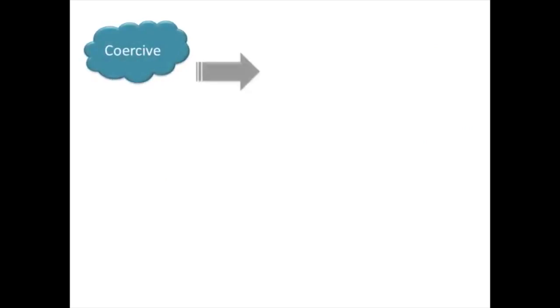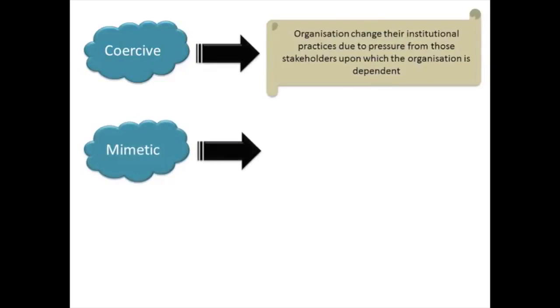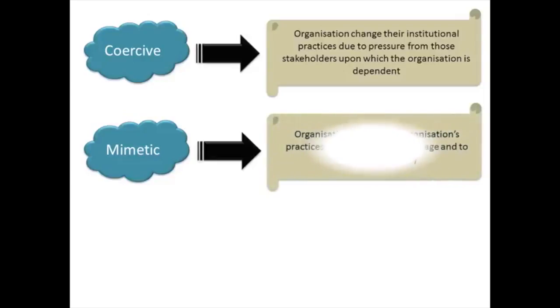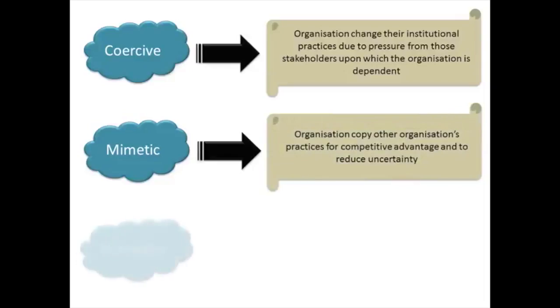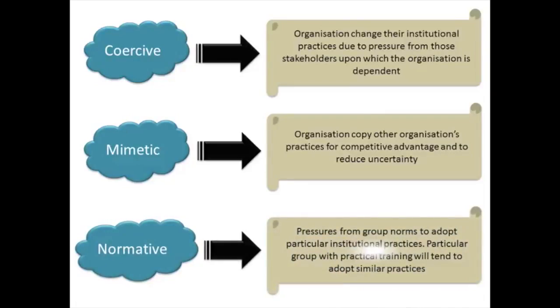Coercive here means organizations change their institutional practices due to pressure from those stakeholders upon which the organization is dependent. Meanwhile, mimetic is when the organization copies other organizations' practices for competitive advantage and to reduce uncertainty. Normative is pressure from group norms to adopt particular institutional practices. Particular groups with practical training tend to adopt similar practices.